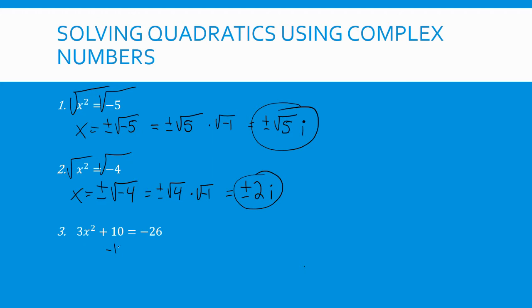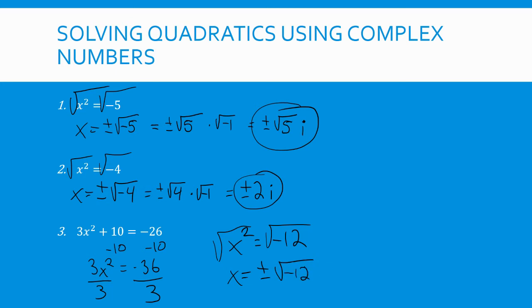Number 3, isolate your x squared term before you square root both sides. 3x squared equals -36. x squared is equal to -12. Anytime you have a square term on the left and a negative number on the right, you will have imaginary solutions, as long as your x squared is isolated. This gives you plus or minus the square root of -12.